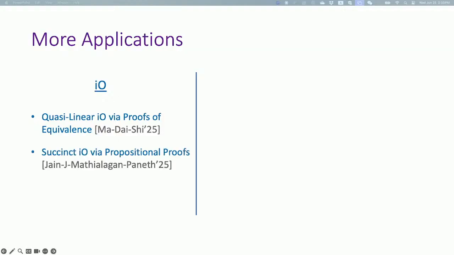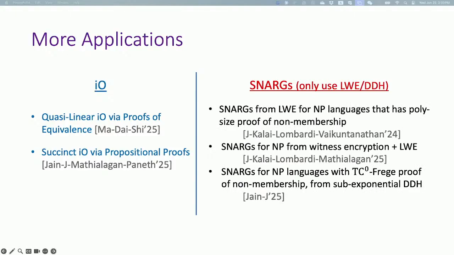And in the next talk, Surya will tell us about how to further improve the obfuscated program size and how to go beyond Cook-Reckhow PV and achieve I/O for Turing machines for all pairs of Turing machines.